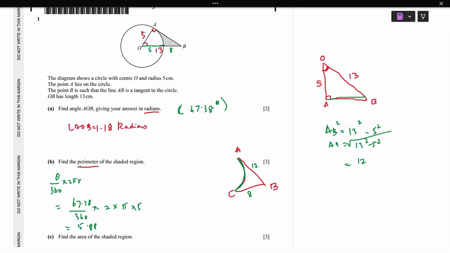Now I can find the perimeter. The perimeter is equal to 12 plus 8 plus 5.88, which is going to be 25.88. This is the final answer for this second question.